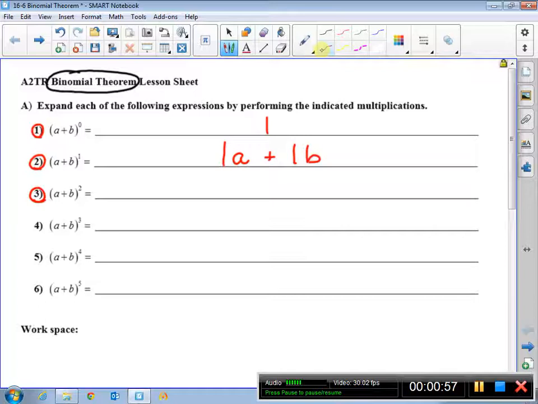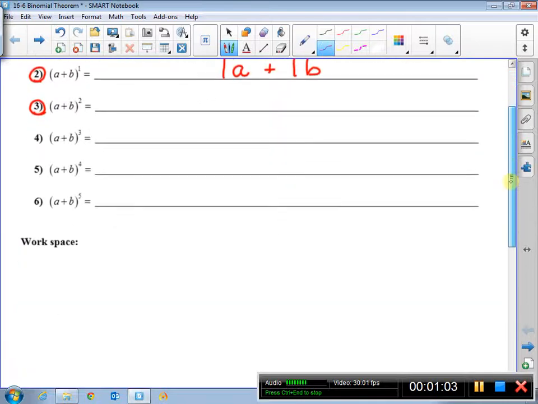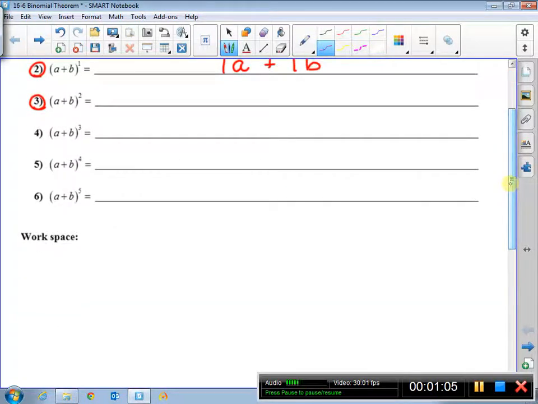Number 3, of course, a plus b all squared is a foiling problem, so I'm going to do a little work down here. A plus b, write it twice, times a plus b, and we would do our firsts and our outers and our inners. I put ab, and our lasts.